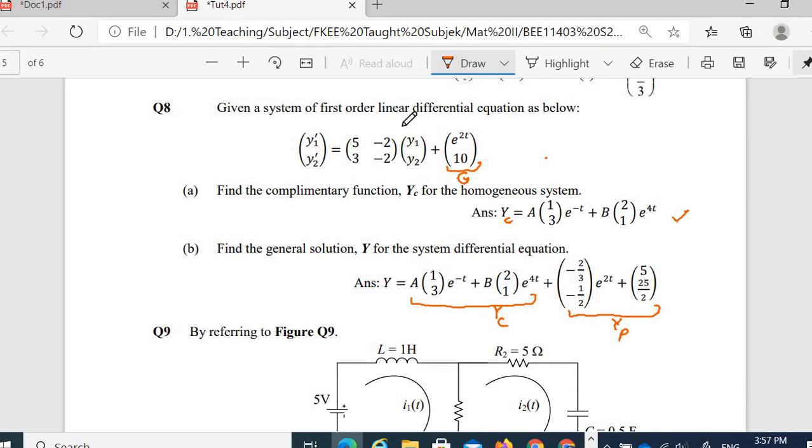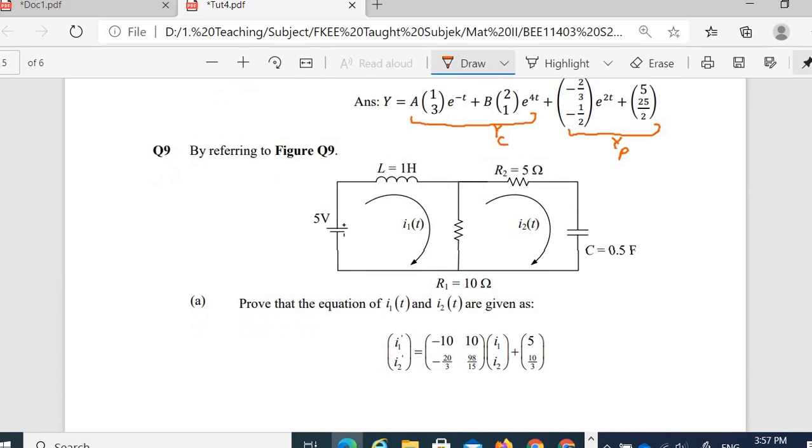Okay, this one is for the non-homogeneous system. In this case you have a linear combination of an exponential function and a constant. The proving part of the application you can skip, because we are not going to ask you to prove it, we just solve it directly. You may skip the derivation of how to get this non-homogeneous system.